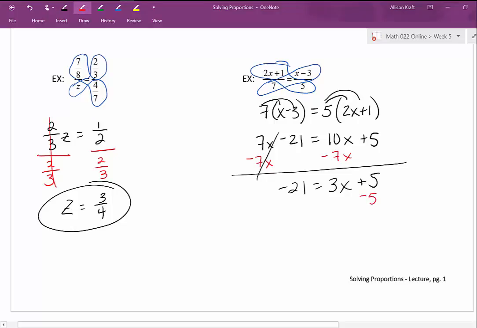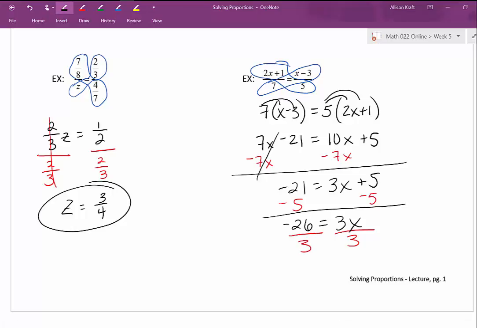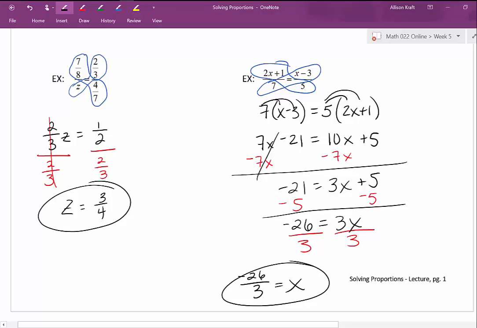We need to move our constant terms to the left. I'll subtract 5 from both sides. So negative 26 equals 3x. Our last step is to divide by our coefficient. 3 does not go into negative 26, and we cannot simplify that fraction. So our solution is negative 26 over 3 is equal to x.